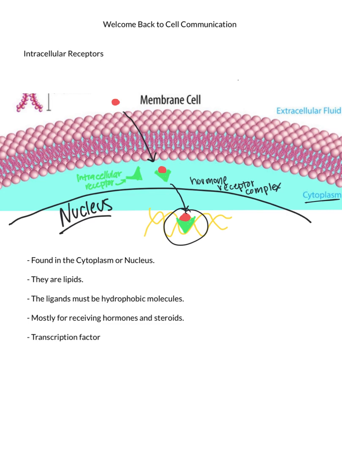Now, this allows for the regulation of gene activity, and these hormone bonds allow for certain regions of the receptor to be exposed, allowing for the attachment of specific sequences of DNA. Now, this is important because it alters the level of transcription, and the complex becomes a transcription factor.